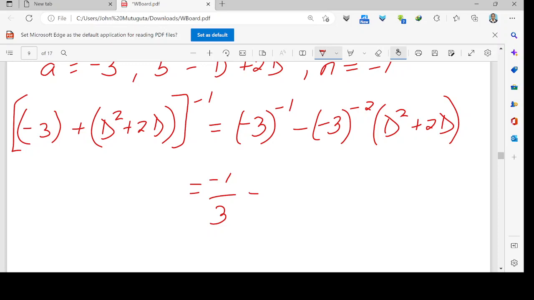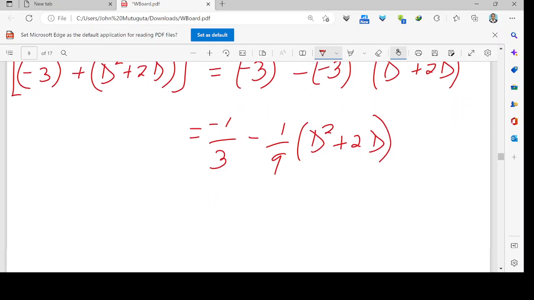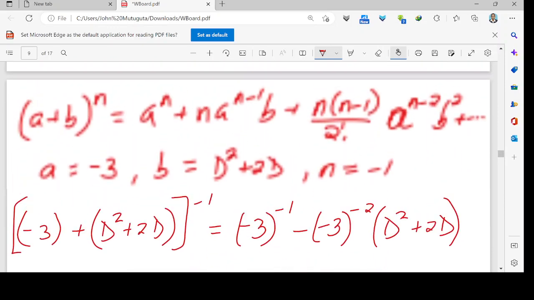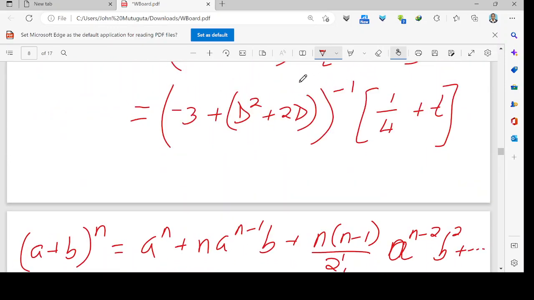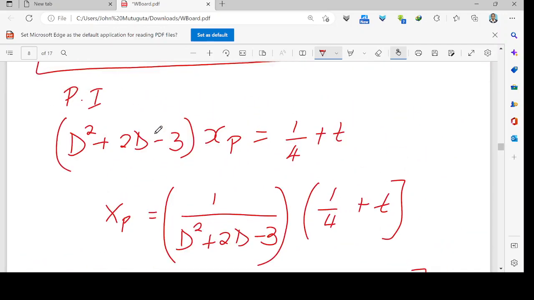The second term is minus 1 over 9. Then we have d squared plus 2d. So we shall have that. And this is what we are going to substitute back here. So this will give us our xp.